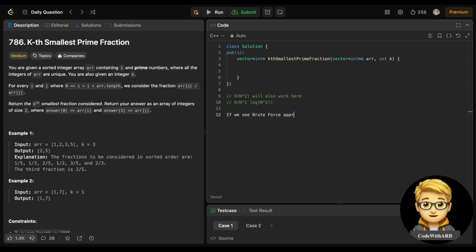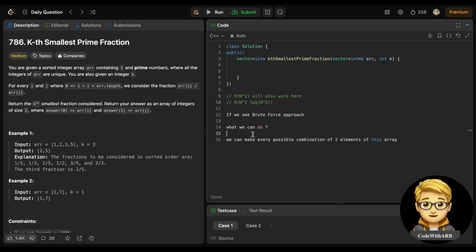So what we can do is make every possible combination of two elements of this array, right? Also we need to consider the condition that j should always be greater than i, then I can find array[i] by array[j].